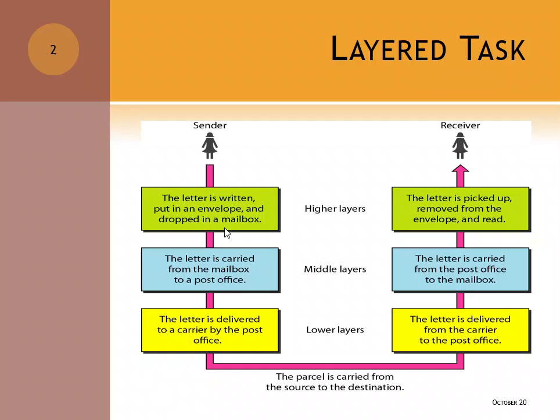So next step, the letter is carried from the mailbox to a post office. Kalau surat tu you letak dekat mailbox kat tepi-tepi jalan, mungkin postman akan bawa surat tu pergi ke post office. Then the next step, the letter is delivered to a carrier by the post office.